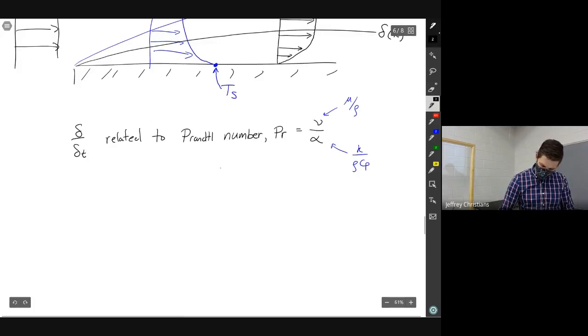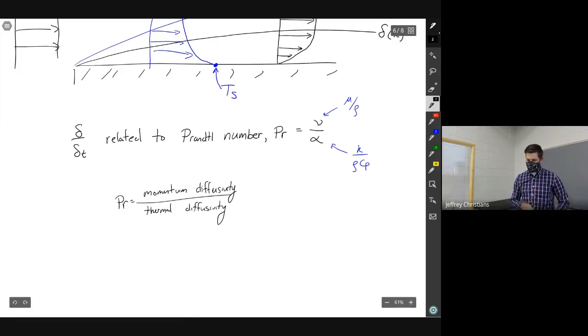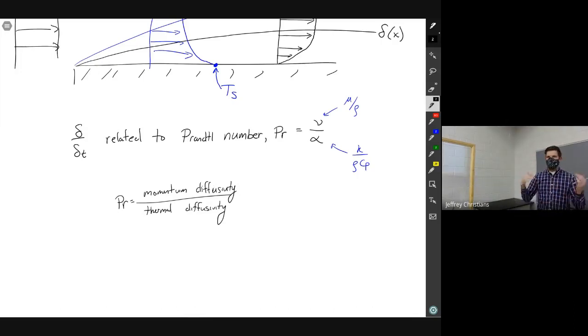So Prandtl is this ratio of momentum diffusivity over thermal diffusivity. It gives us the relative, like which is faster.